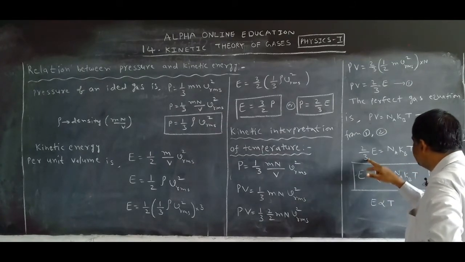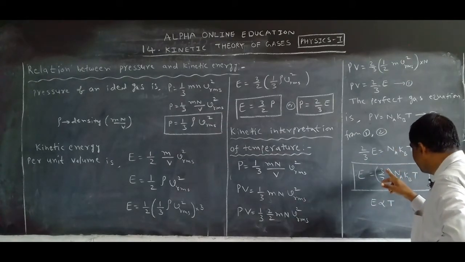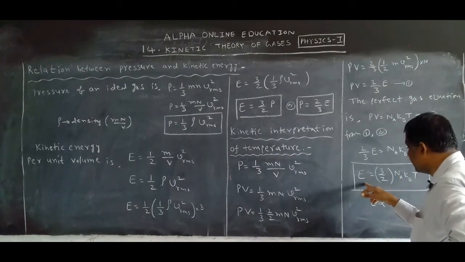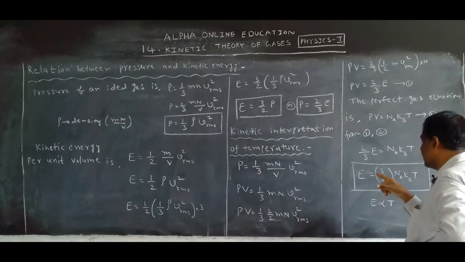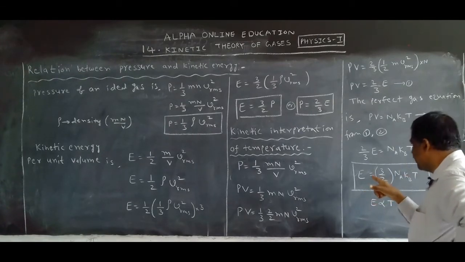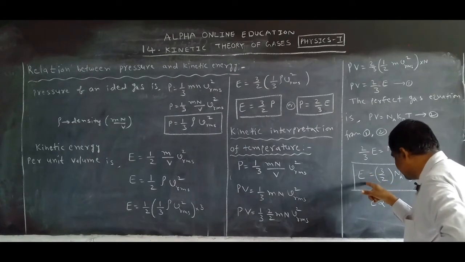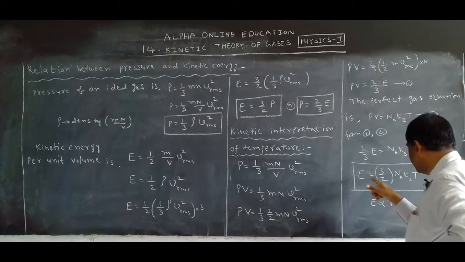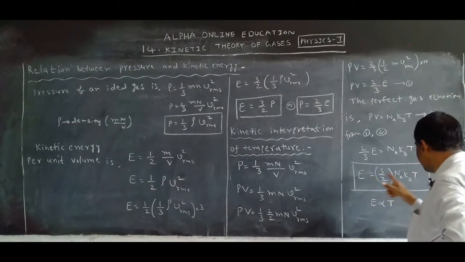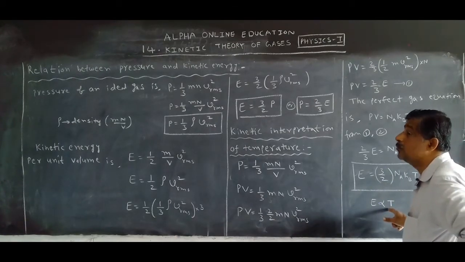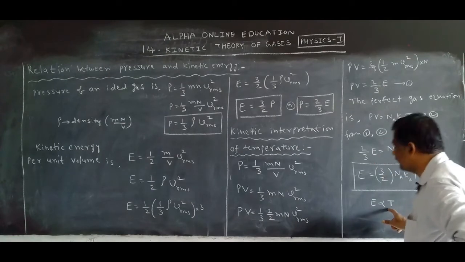And you take this 3 by 2 to this side. So what can we get? 3 by 2 into Na kB T. What is this one? This is the kinetic energy of the gas molecule. Here the kinetic energy of the gas molecule in the container is proportional to the temperature, the absolute temperature.